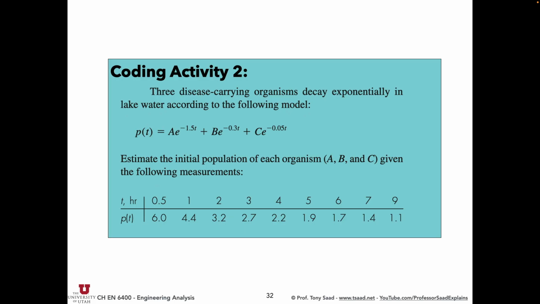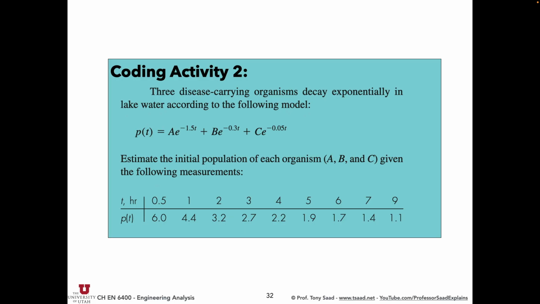So population, those are the number of your bacteria, let's say in millions. And they decay according to this model: A e^(-1.5t) + B e^(-0.3t) + C e^(-0.05t). T is time, measured in seconds or hours. In this case, it's given to us in hours. And A, B, and C are unknown coefficients. So now we have some data from measurements, given T in hours and the population of those 3 organisms.